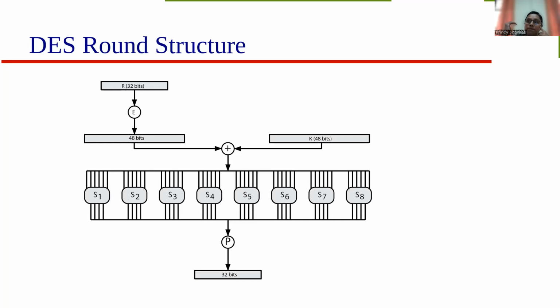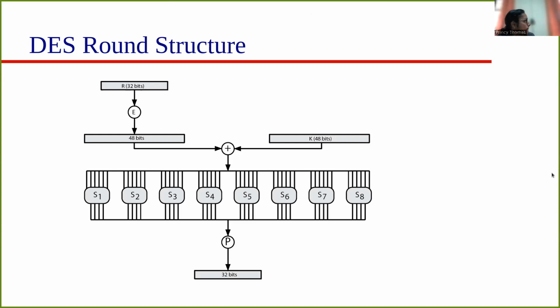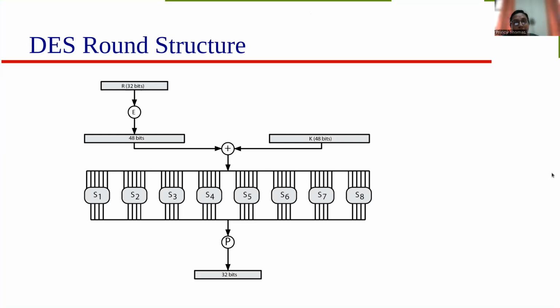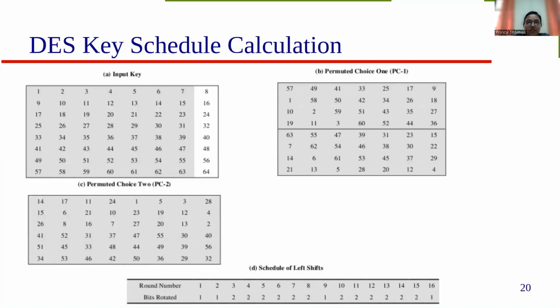In each step, the error is going to be propagated in 2 raised to n bits. And that is called the avalanche effect. So when 16 rounds are over, 2 raised to 16 bits are in error, and that is called the avalanche effect.